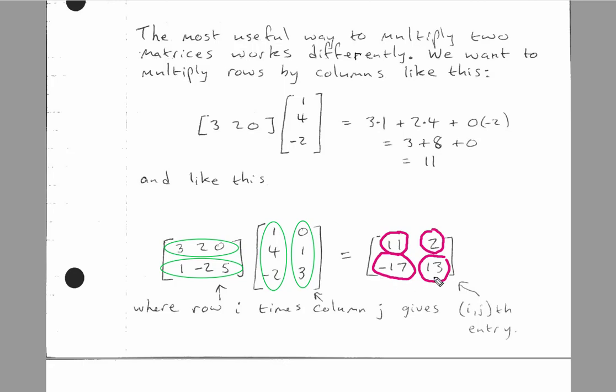Yeah, that's 13. Alright, so you're always multiplying rows by columns. Rows on the left, columns on the right. And multiplying row i by column j gives the ijth entry, the number in row i, column j of the answer.